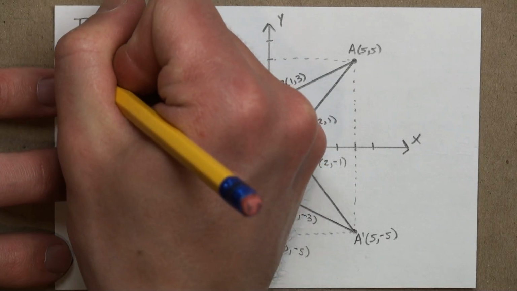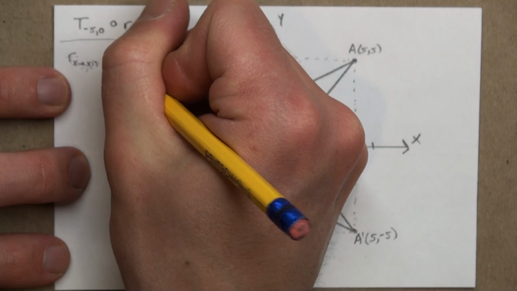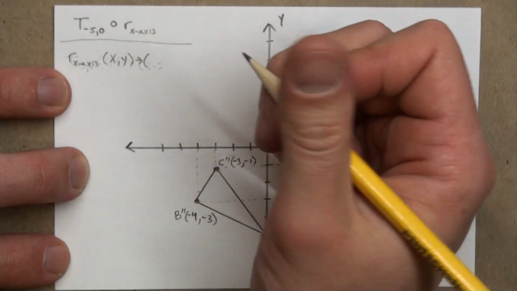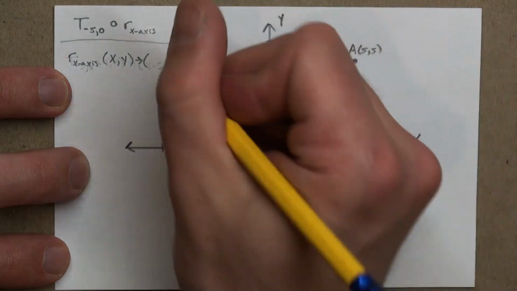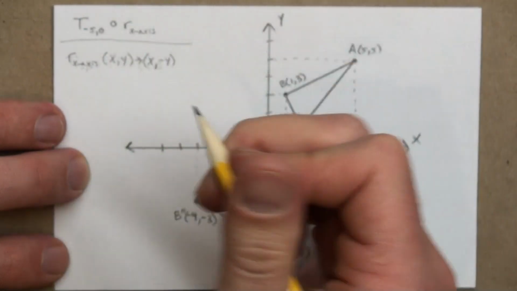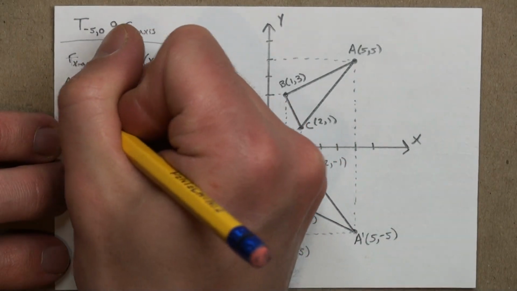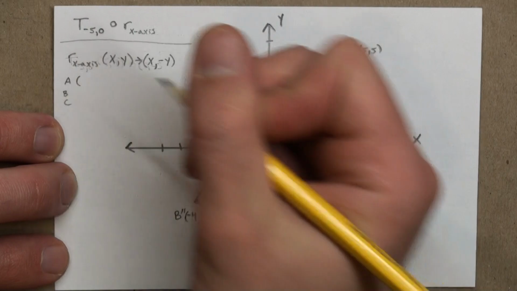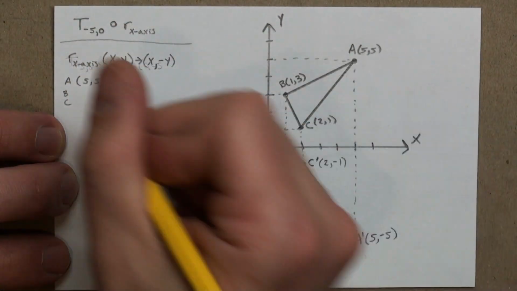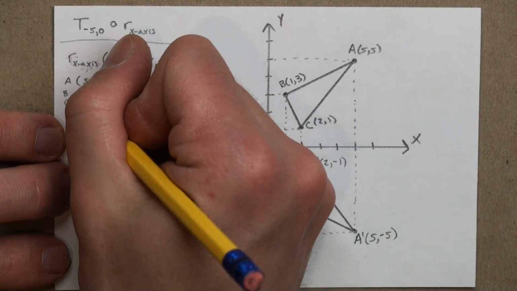So a reflection in the x-axis takes all points x comma y and turns them into x comma negative y. So I had an A, a B, and a C. A was 5, 5, B was 1, 3, and C was 2, 1.